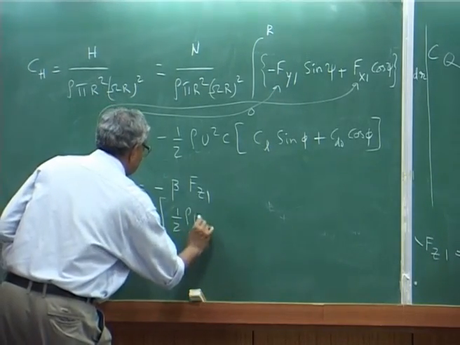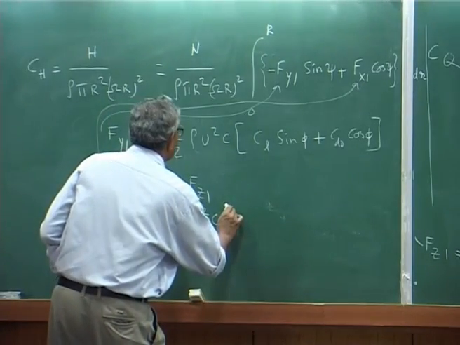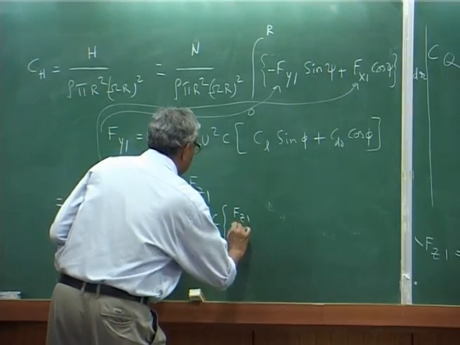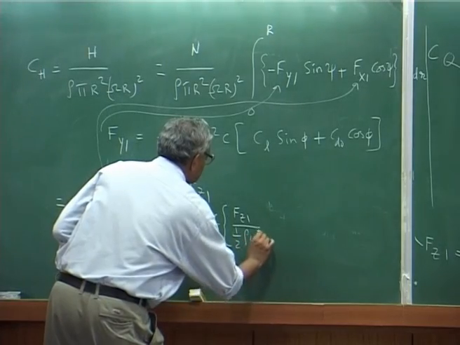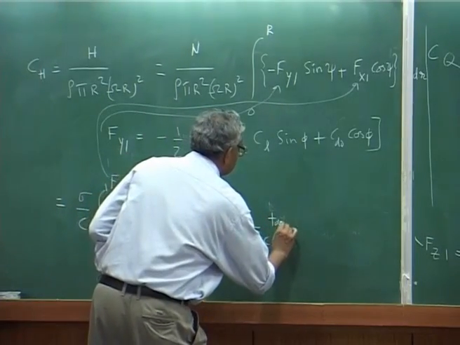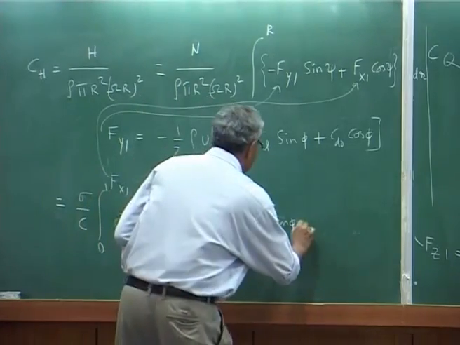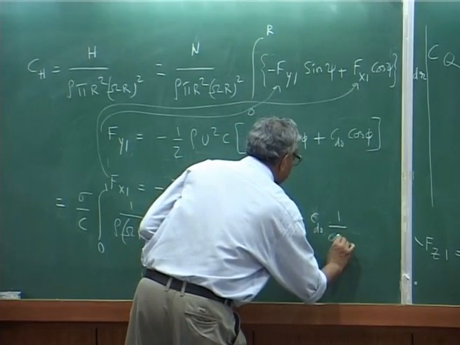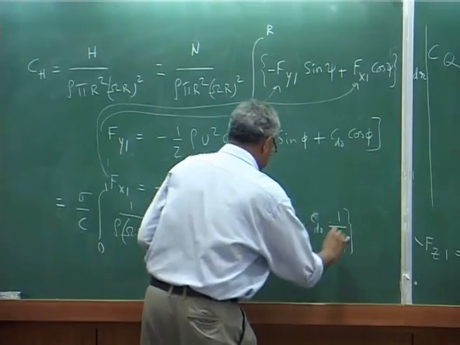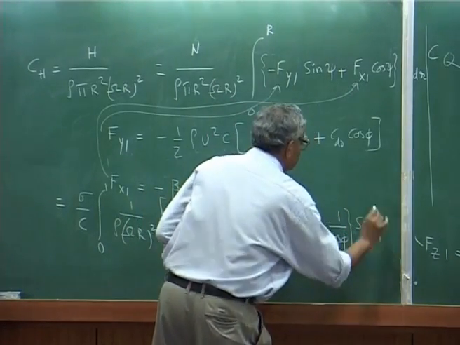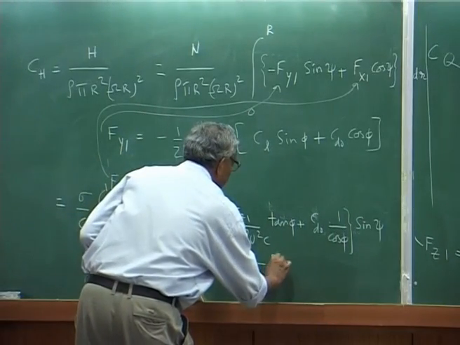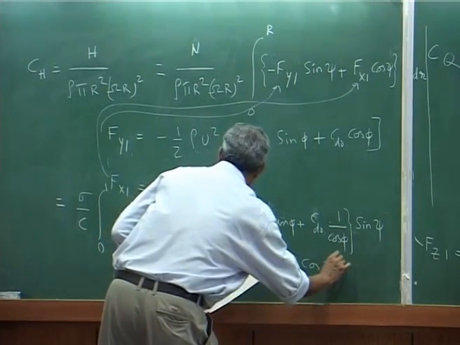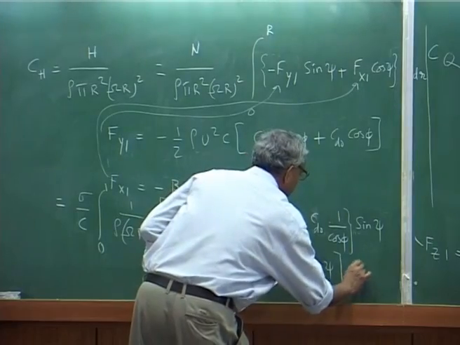half rho u square c, open up a bracket, I am writing F_z1 over half rho u square c tan phi plus C_d0 into 1 over cosine phi, sin psi minus F_z1 beta cosine psi, dr bar.